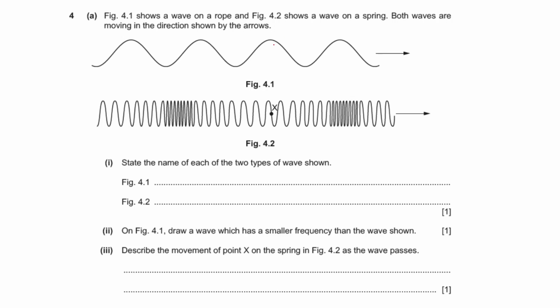So remember, the wave in figure 4.1 is a transverse wave. So the waves on a rope are transverse waves. And similarly, this wave in a spring is a longitudinal wave.